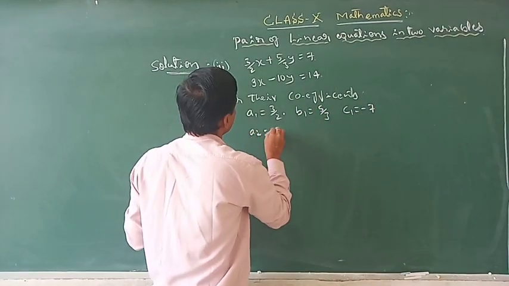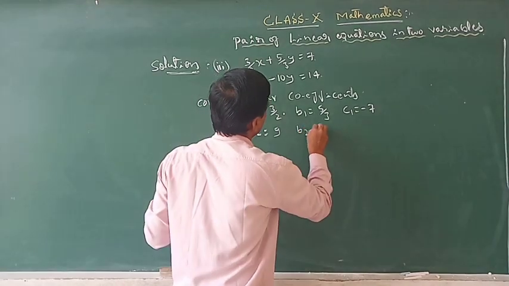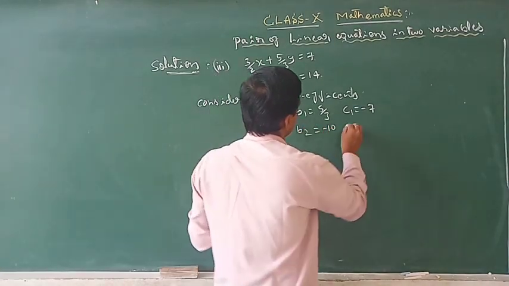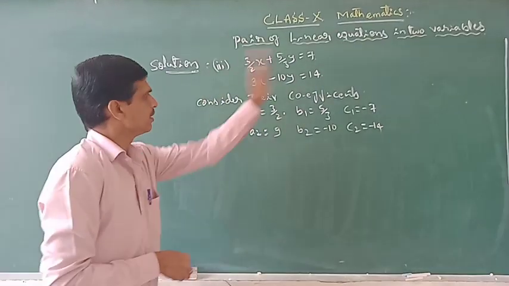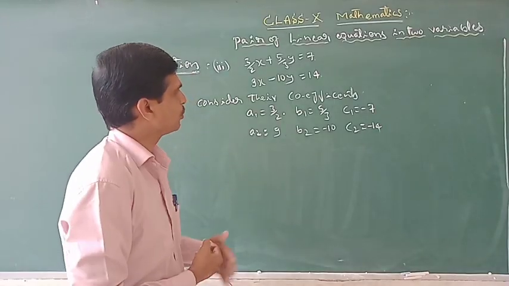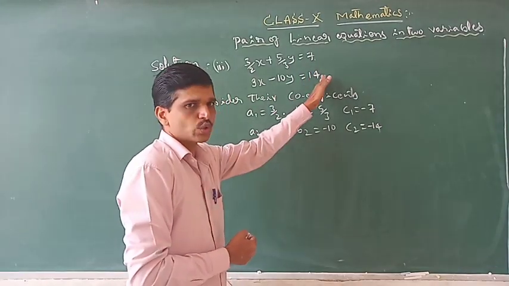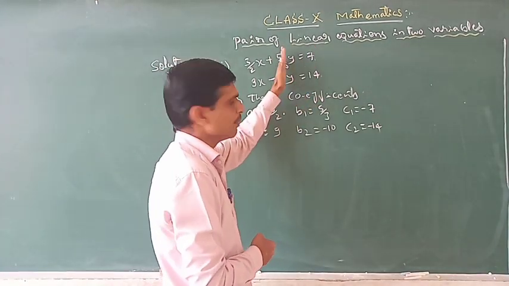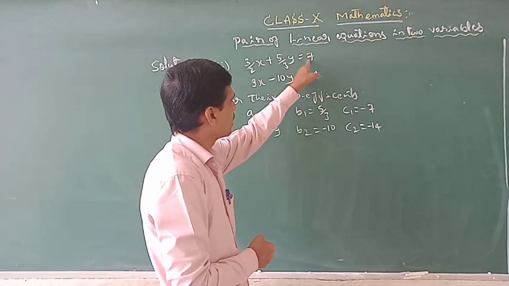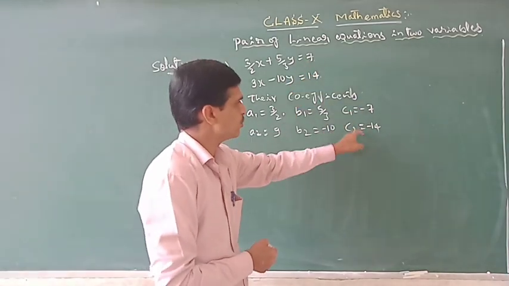Similarly a2 is equal to 9, b2 is equal to minus 10, and c2 is equal to minus 14. You can consider c1 and c2 positive or negative, because if they are shifted from the right side to the left side, they automatically become negative. That is why I took negative signs.